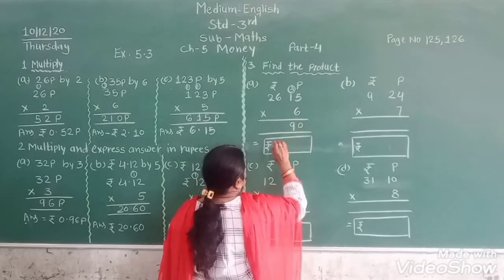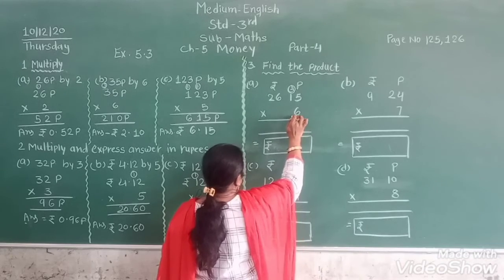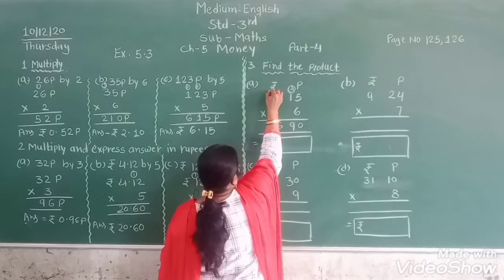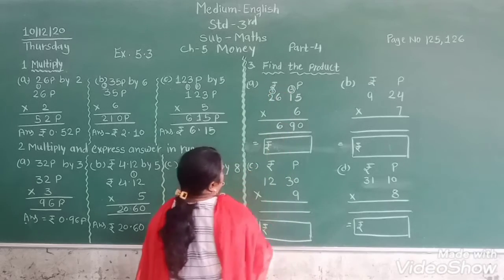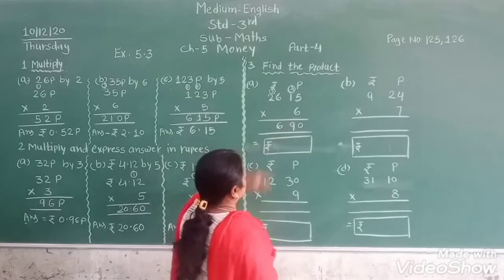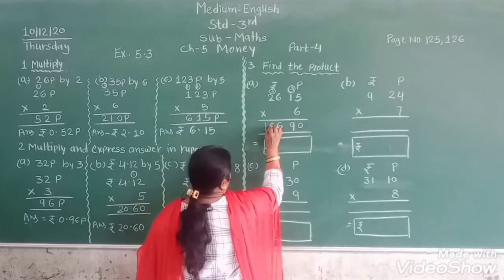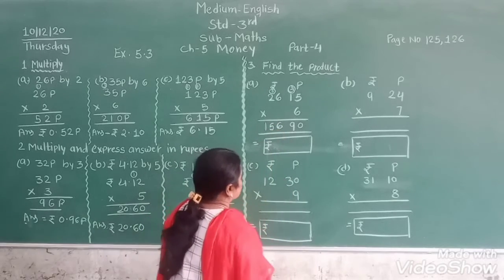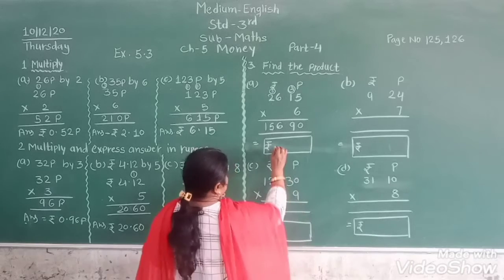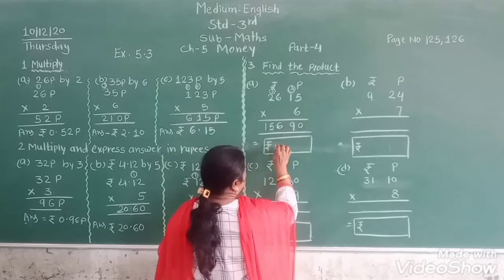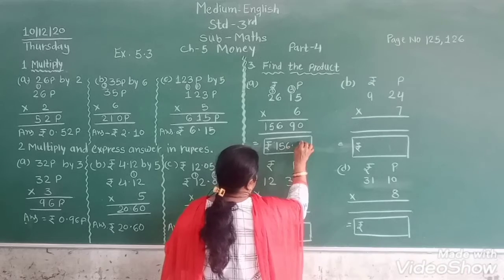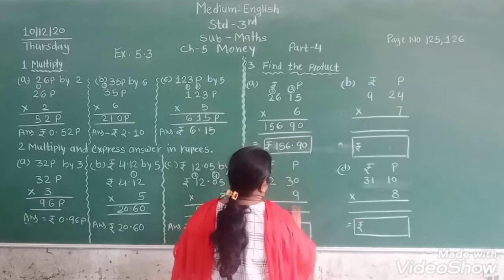So we write 9. 6 6s are 36 and 3 carry over. Okay. 6 2s are 12. 12 and 3, 15. 156 rupees 90 paise. So we write here answer in rupees, 156 rupees 90 paise.